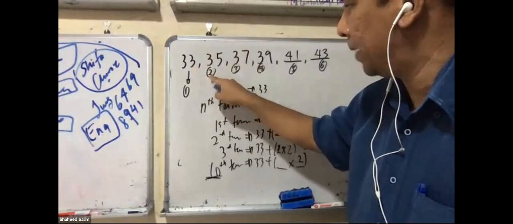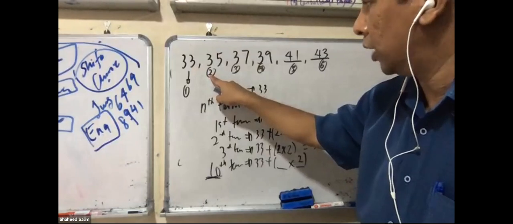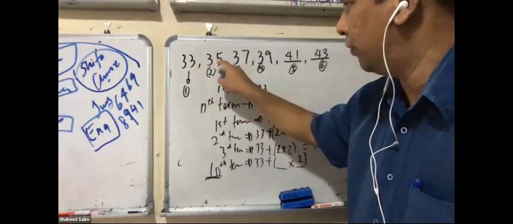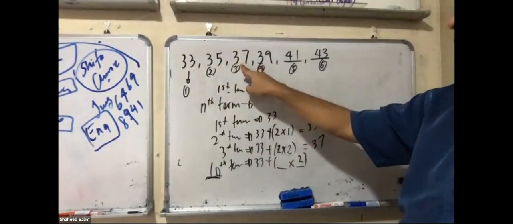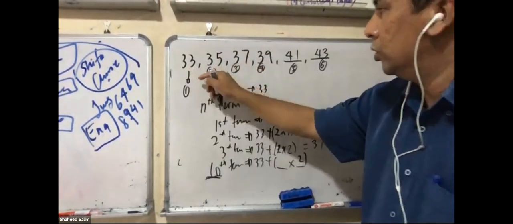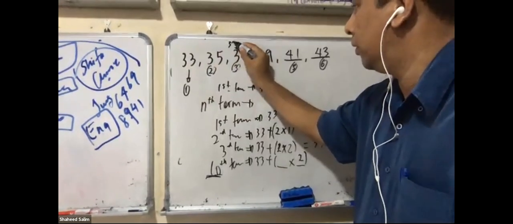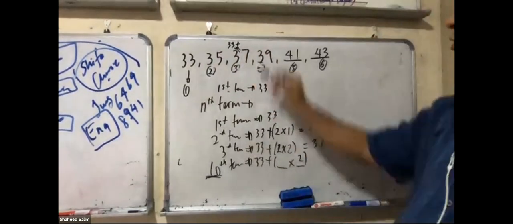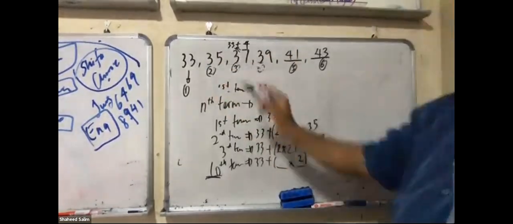This one is term 2, you must minus 1. So you get 1. Times 2, you get 2. 33 plus 2 gets 35. This is 37. 37 is equal to 33 plus what? Plus 4. Get 37, okay. Plus 2, plus 4. All right.